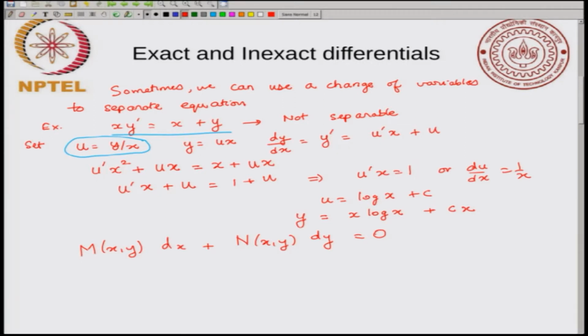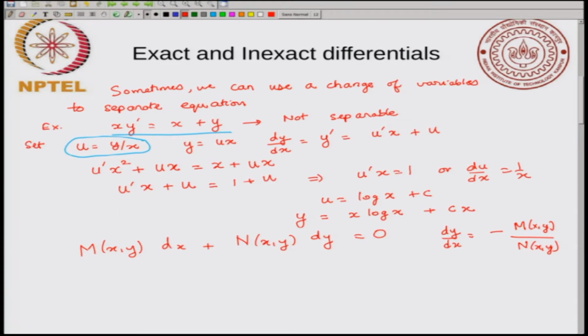Notice that this basically implies dy by dx equal to minus M of x y divided by N of x y. So, if you can write an expression for dy by dx, then you can write it in this form.